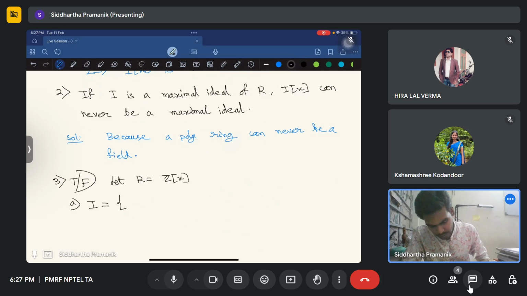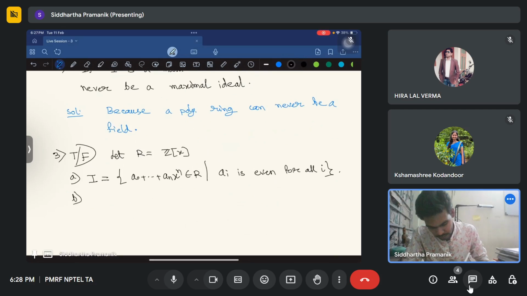I is all those polynomials with integer entries such that all the coefficients are even integers. Okay, and the second one is, let me write down this statement.